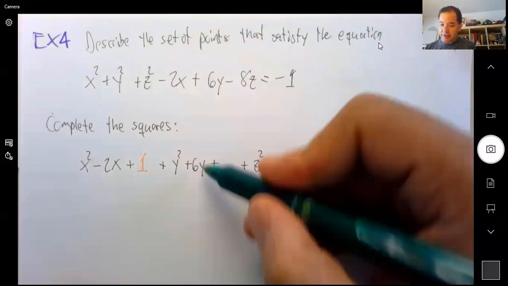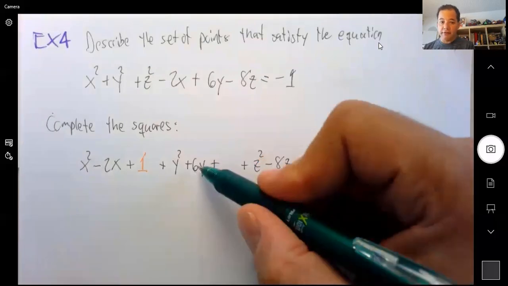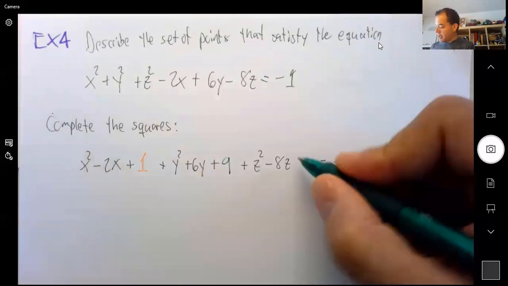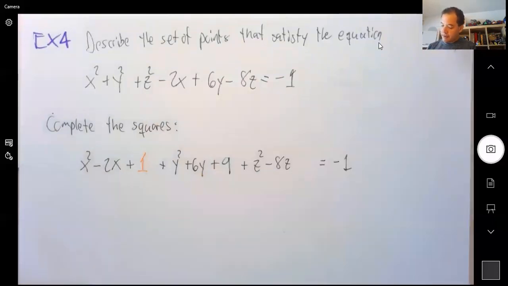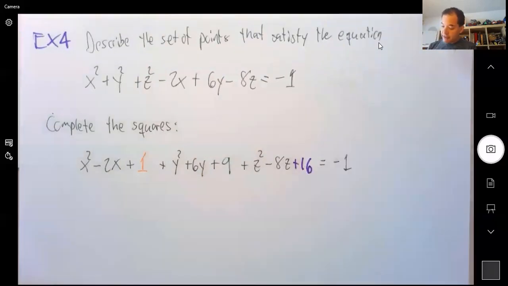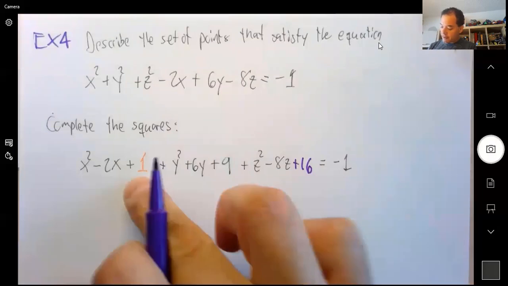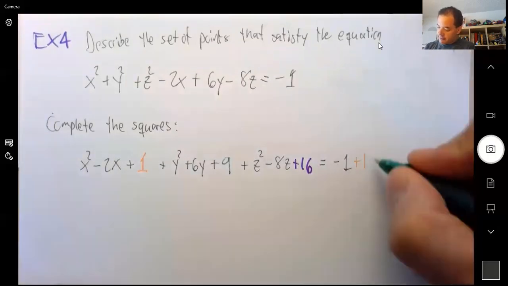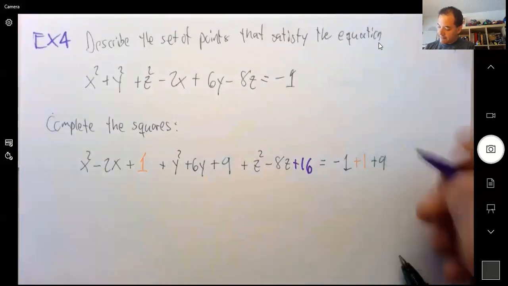Similarly here, you take 6, you halve it, that's 3. 3 squared is 9. And then last here, the 8, you halve it, that's 4, so you add 16. And then whatever I added on the left, I better add on the right as well. So this is plus 1, plus 9, plus 16.